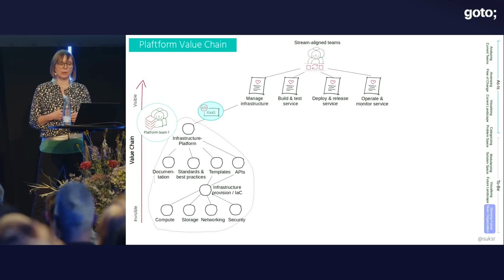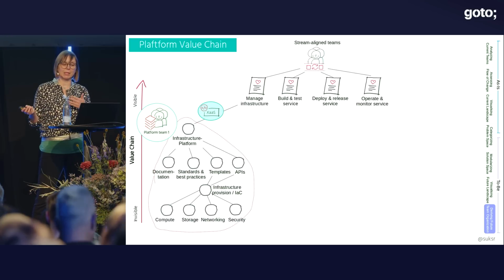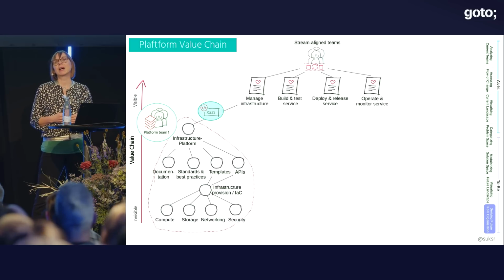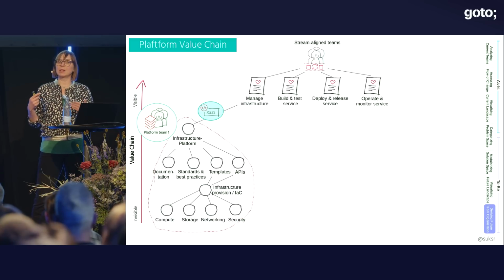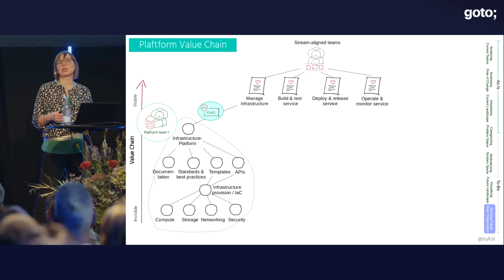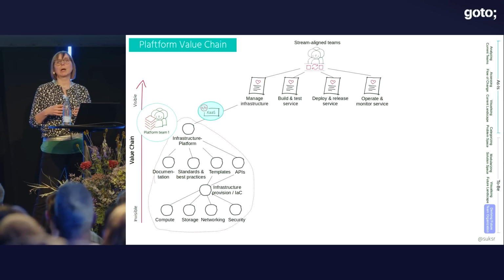And to fulfill these user needs of the streamlined teams, the platform teams can provide a variety of different platforms that the streamlined teams can easily consume. For example, providing an infrastructure platform that enables streamlined teams to provision and manage the infrastructure on demand for the services they're responsible for, without reaching out actively to the other teams.